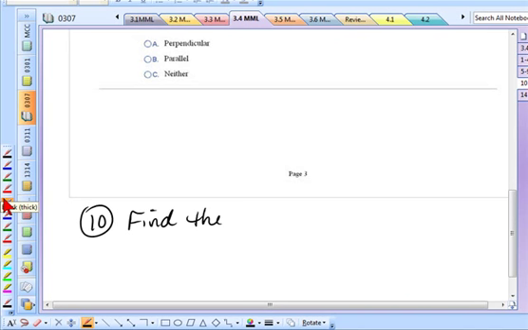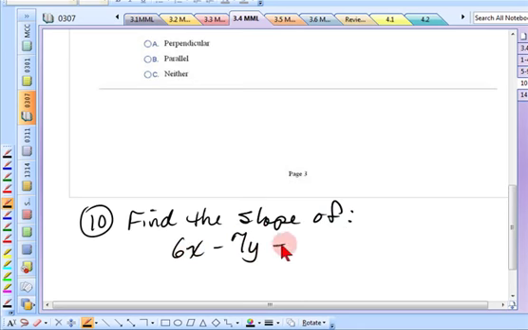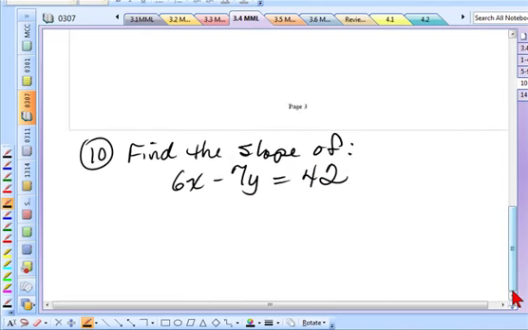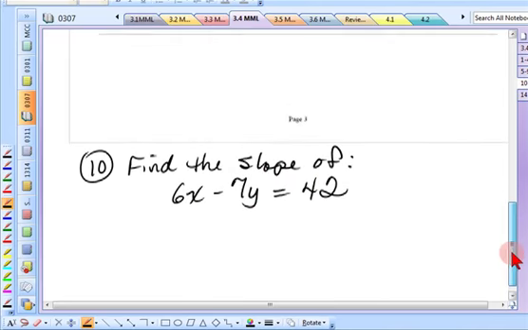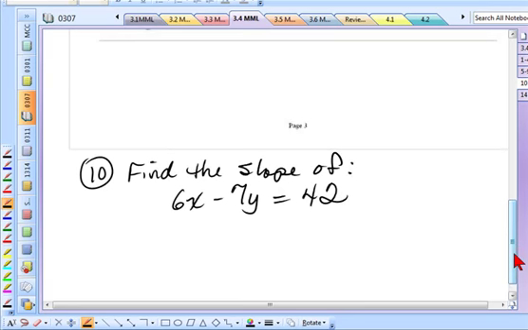Number 10 asks us to find the slope of the line, and the line is 6x minus 7y equals 42. Okay, I can get the slope of a line from the equation if the equation is solved for what?